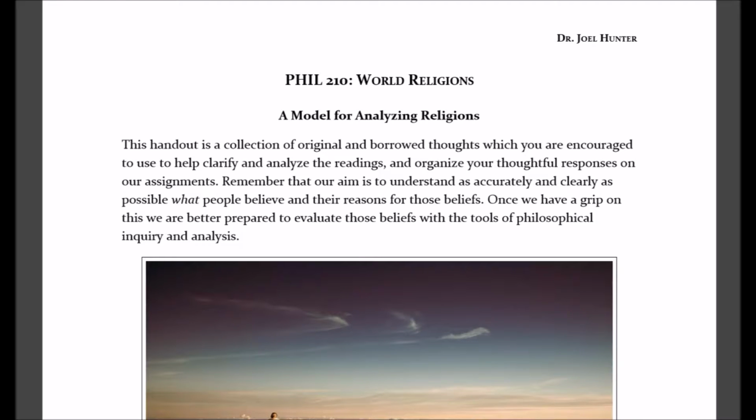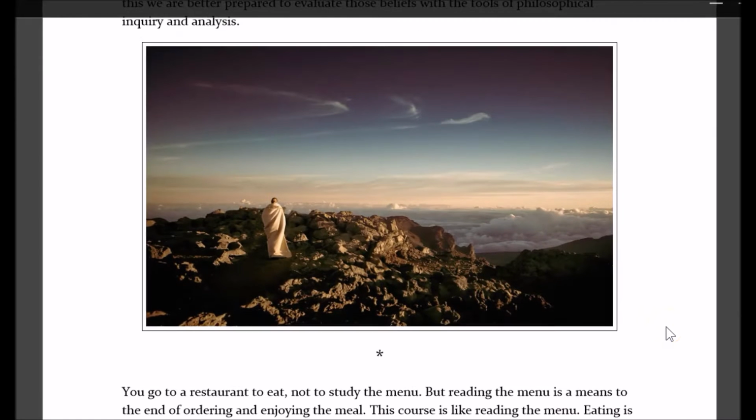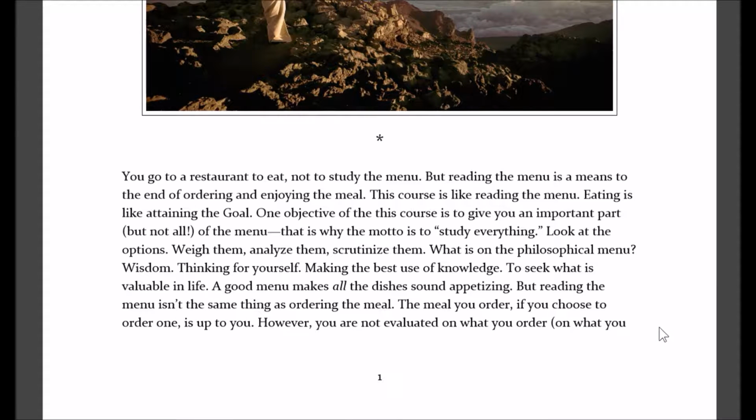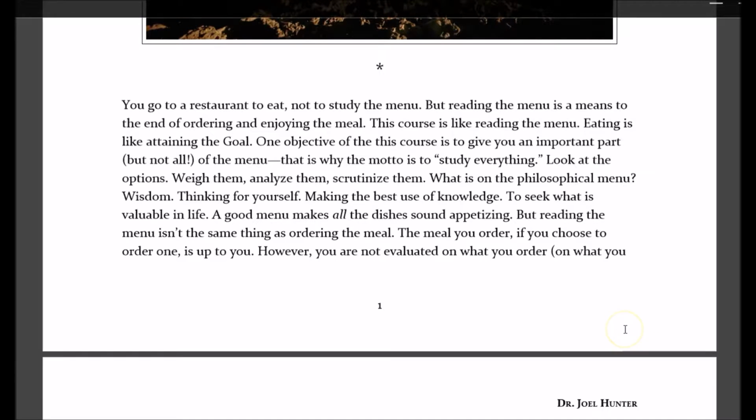So let's talk then about what's going on in the model. I want to get to what the claims are and how you use it. Okay, so I've got a little introductory material here at the beginning, and this is simply to get you to appreciate what a philosophical approach to the world religions is like.